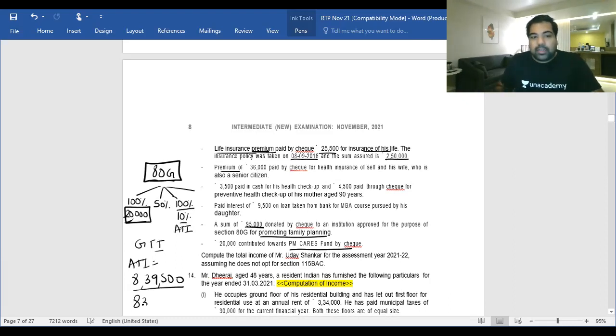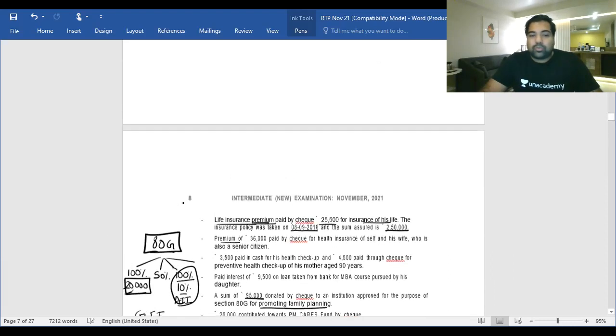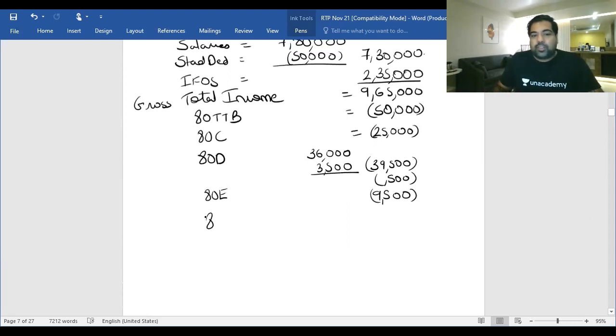So 83,950 or 95,000, whichever is less. So you'll get only 83,950 from this. And from this, you'll get 20,000. So I'm writing both. 80G PM Cares Fund, you'll get the entire 20,000.